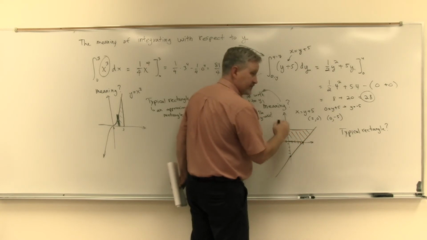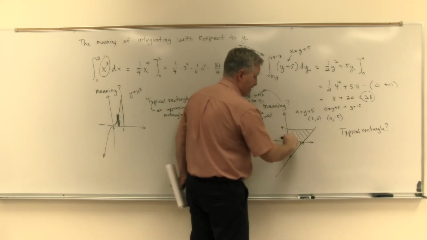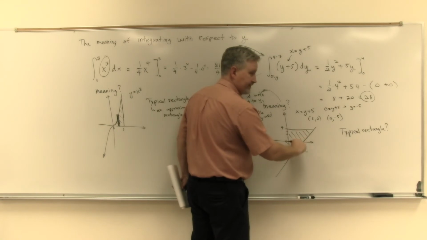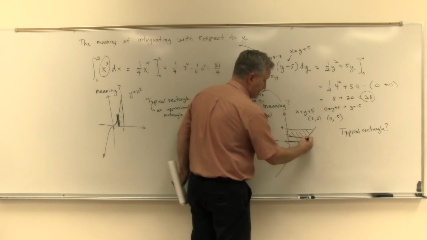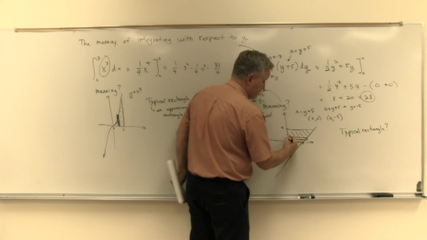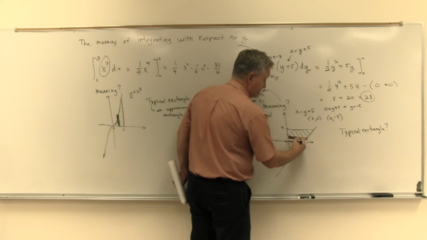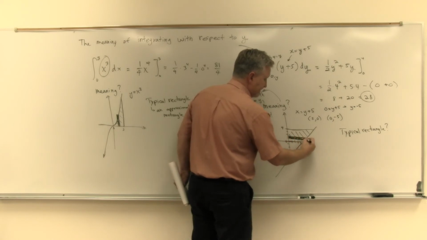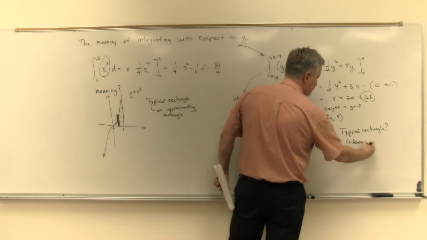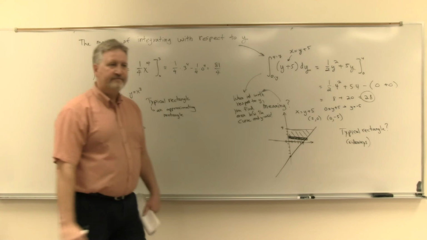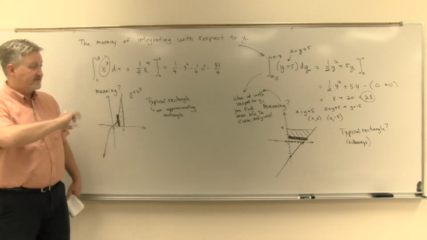Because if I was going to approximate this area, I wouldn't go from the curve up to the top. I would go from the y-axis out to the curve. So the typical rectangle here would be a sideways, if you will, rectangle. That, if I was going to approximate this area, is the way I would do it.